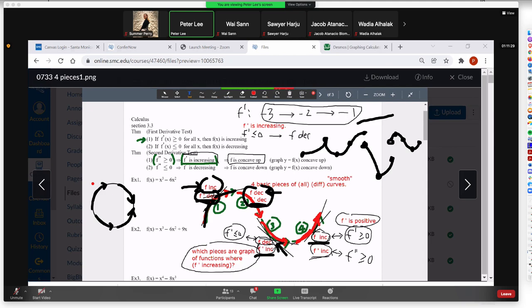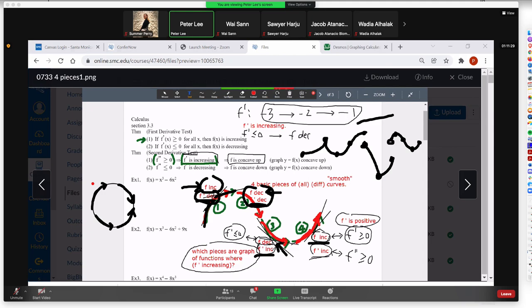And then it's this. So if the curve is either this piece or that piece, these 2 cases are the cases where f prime is decreasing. What does that mean?